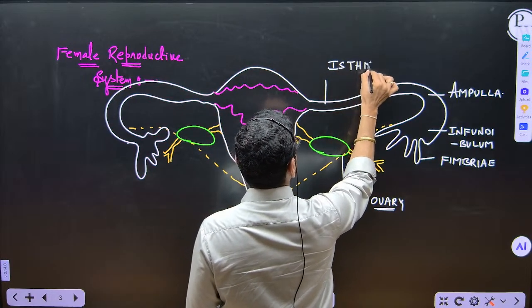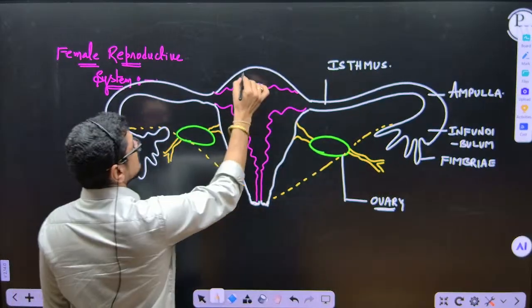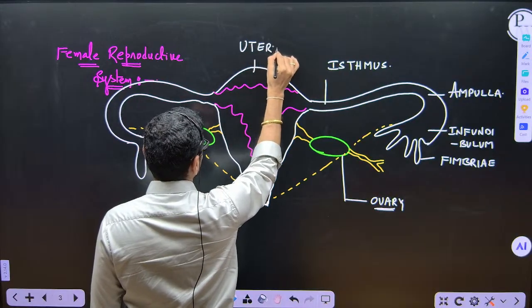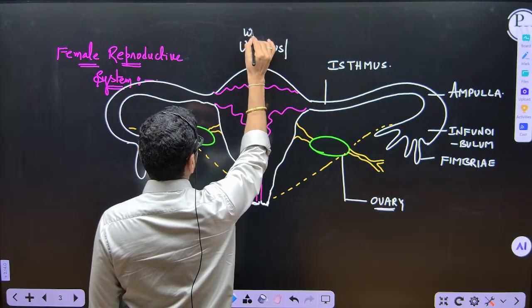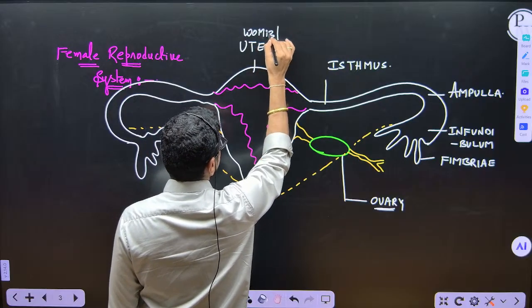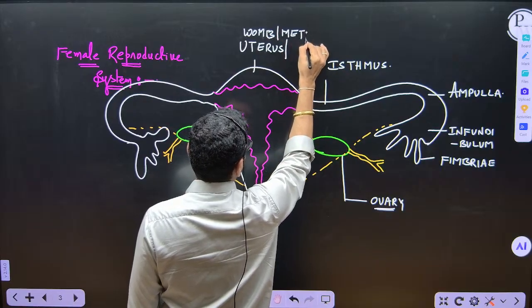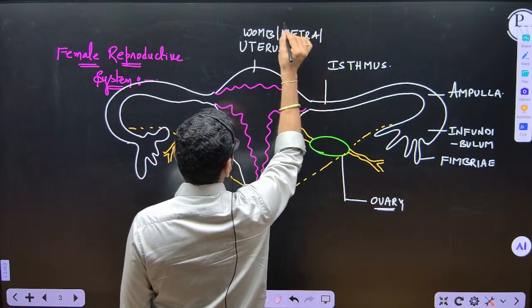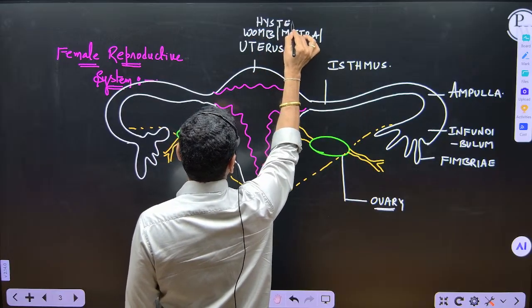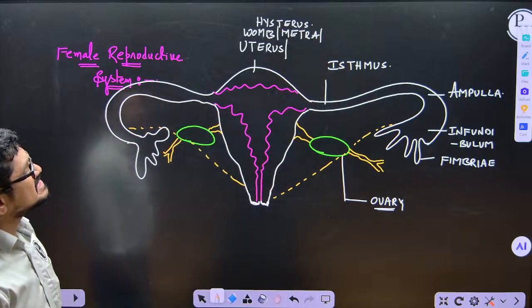Isthmus. And the middle one is called uterus. Uterus is also called womb. It is also called metra. There is another name for it, hysteris.